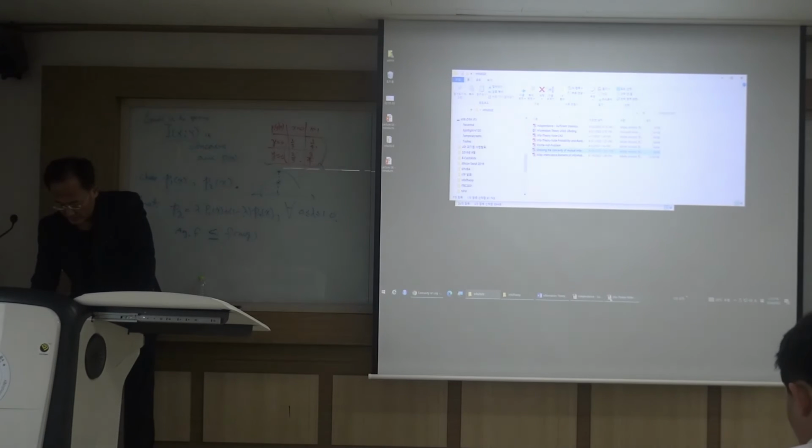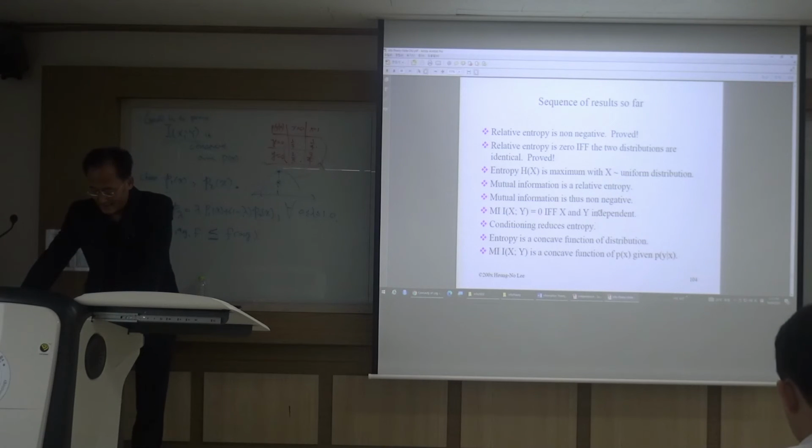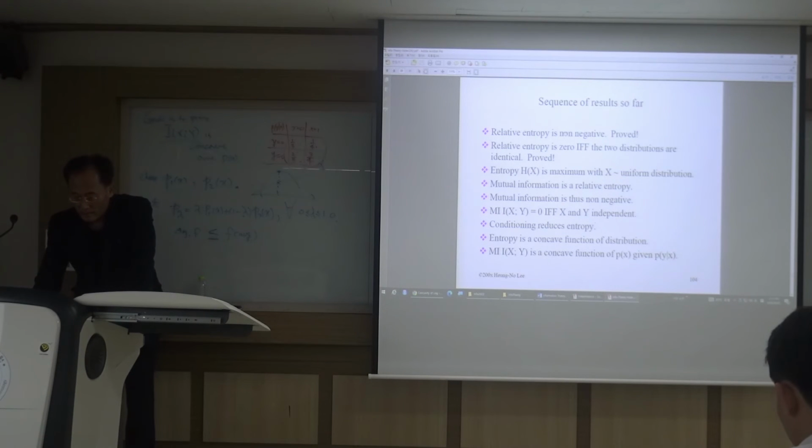그 다음에 다시 info theory 노트로 돌아가겠습니다. 이게 sequence of results so far인데 relative entropy is non-negative 이것도 증명했고요. Relative entropy is zero if and only if two distributions are identical. Proved.